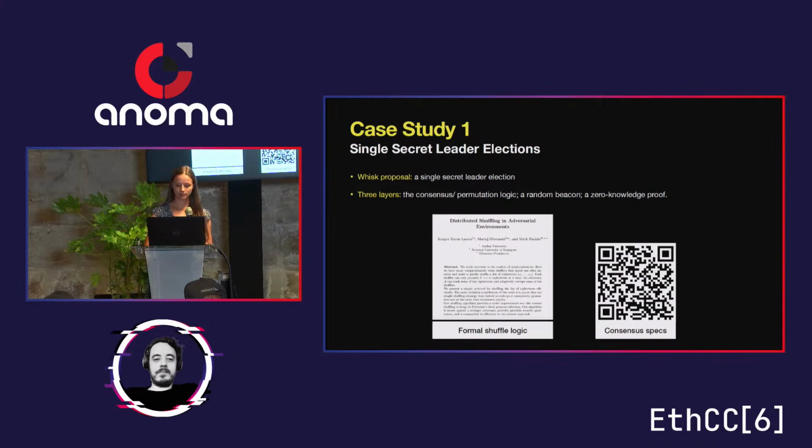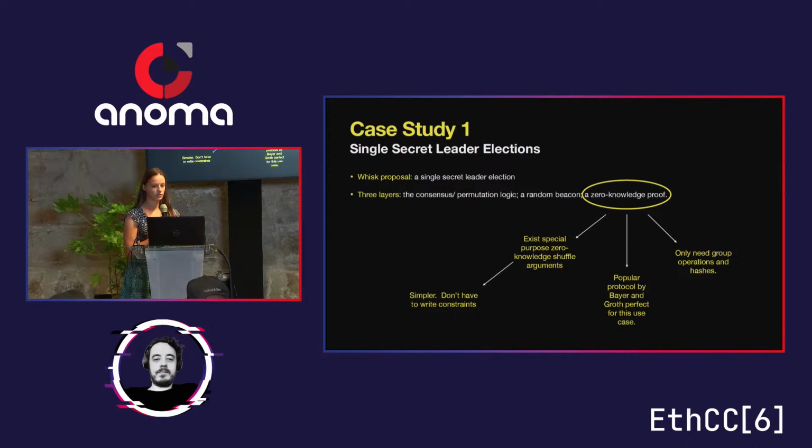Possibly the thing that's more relevant to this talk, though, is the zero-knowledge proof. And there exists a special purpose zero-knowledge argument for shuffle arguments, which has some very nice properties. Probably the biggest one is it's quite a lot simpler. And in particular, you don't have to write out the constraints of what you're trying to prove, because it's special purpose.